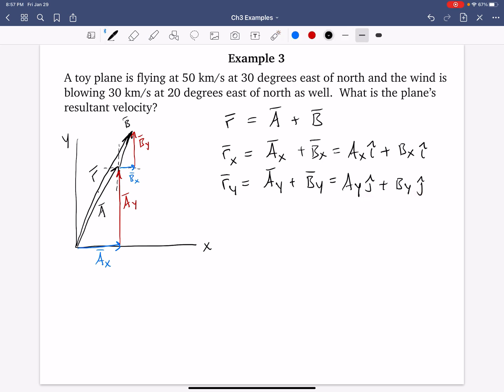And now is the time to input expressions or numbers, okay? So let's actually do that. Rx, let's keep it the vector form, is ax. What's that? Well, it's the magnitude of a times, hey, we need an angle. I didn't write that down. That is 60 degrees, right? And that's 60 because it's 30 degrees east of north.